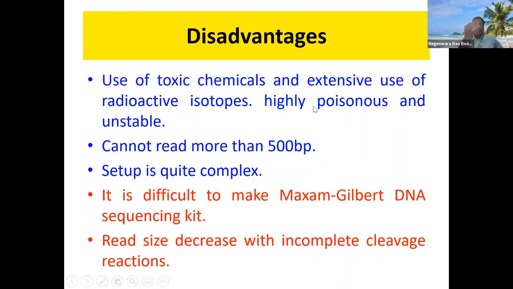We are using chemicals here. They can be toxic. We are using radioactive isotopes. They can also be toxic, and they are highly poisonous and unstable. The larger limitation here is that Sanger's method gives 500, 600 base pairs, but here it is only a maximum of 500 base pairs, and this is quite complex.